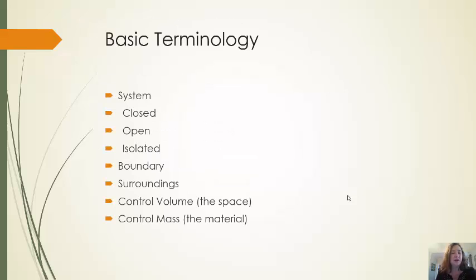The basic terminology that we're going to need, let me just go over these fairly quickly. First of all, when we talk about a problem, we always want to start by defining a system. Basically, this means we're saying what's in and what's out.